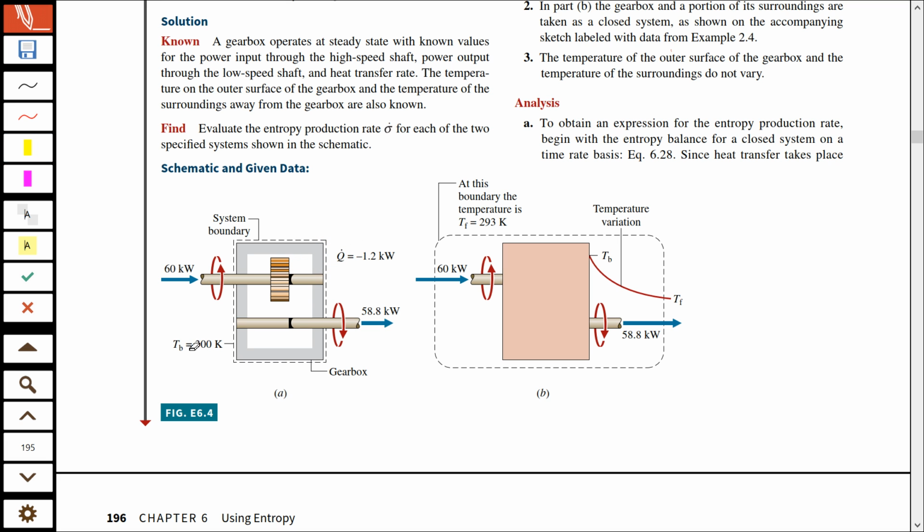And we know the temperature of the boundary. This is the temperature of the boundary, TB, this system boundary. Now because you have this gearbox, and inside this gearbox you have gears, whenever you have gears interacting with one another, you can imagine friction.